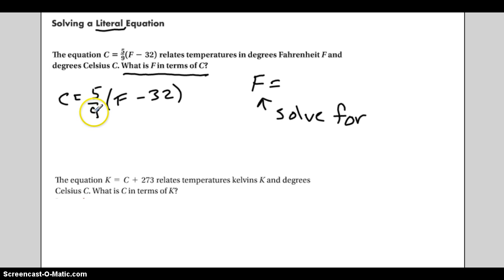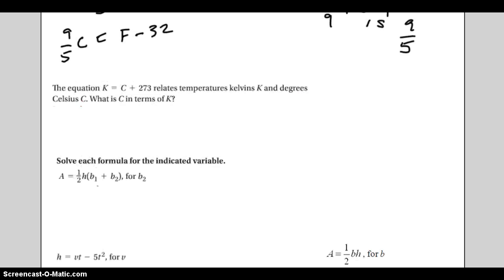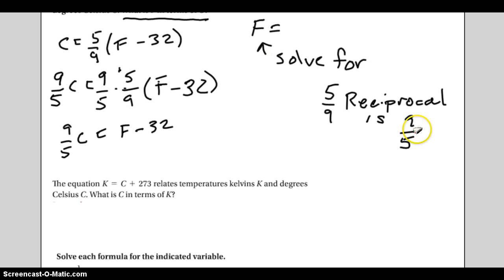Well, one thing we learned in the last section is that if we multiply things by the reciprocal, they become 1. So wouldn't it be nice if this was 1? Well, the way to do that is to multiply by the reciprocal of 5/9. So here's our reciprocal, 9/5.